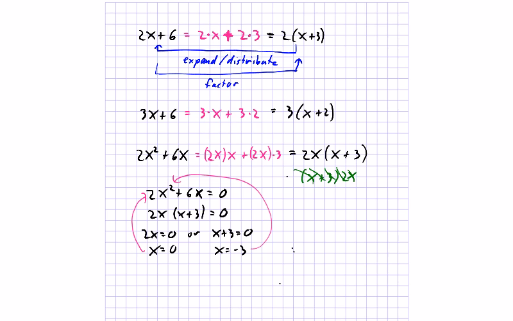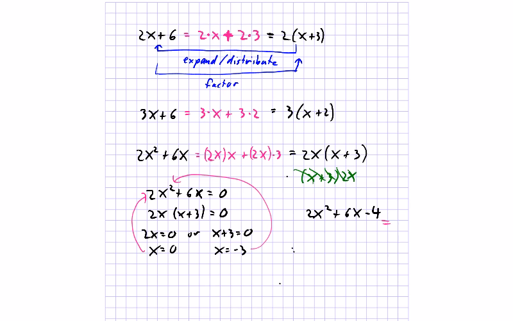Let's look at one final example. Let's consider the example 2x squared plus 6x minus 4. So here we have a trinomial. And so if we look at this, we can see we don't have an x in the last term, so I can't factor out a 2x.